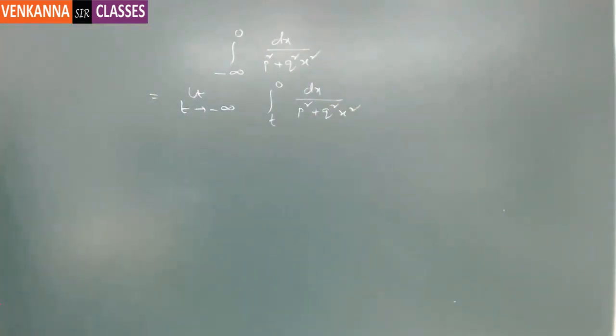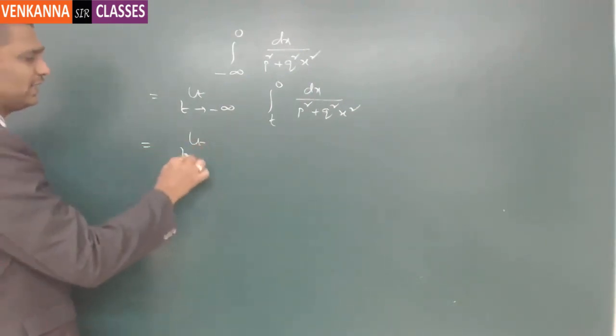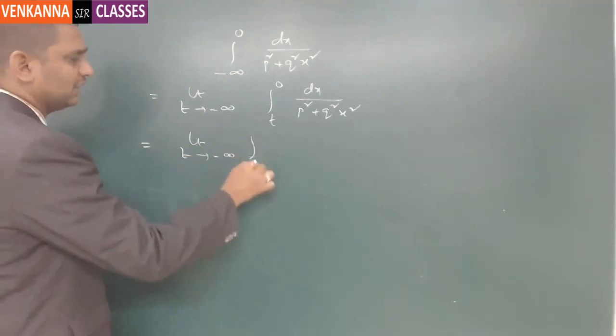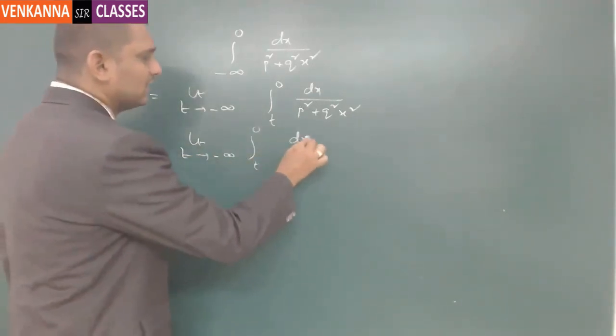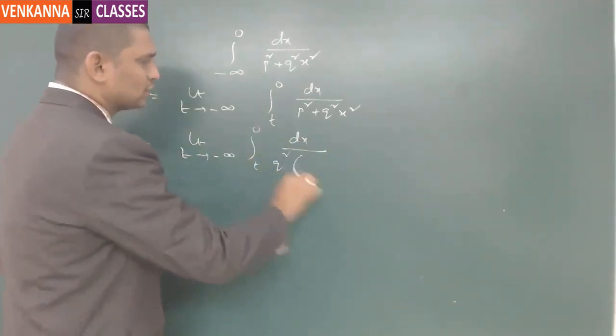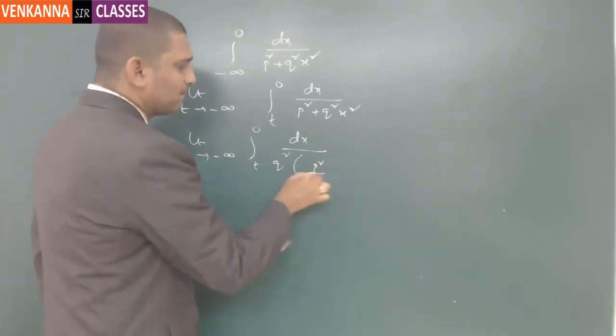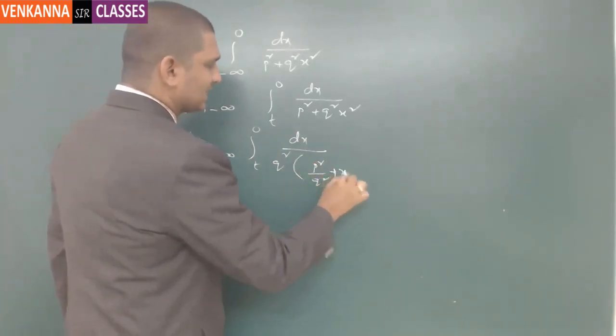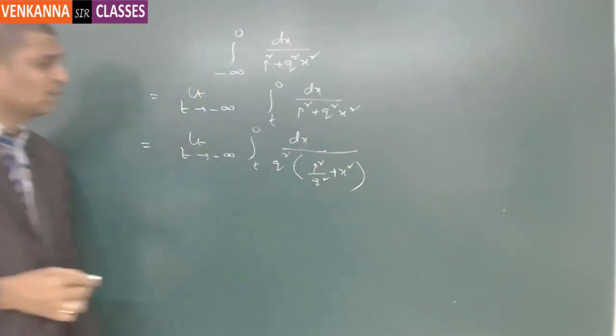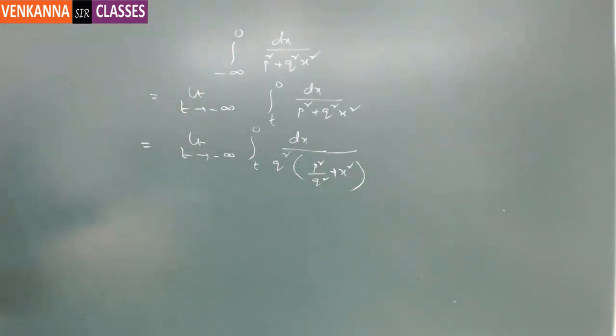Now how to simplify this? You can take q square as common here. So this is equal to limit t tends to minus infinity, integral t to 0 dx by q square into p square by q square plus x square. So it is of the form a square plus x square.